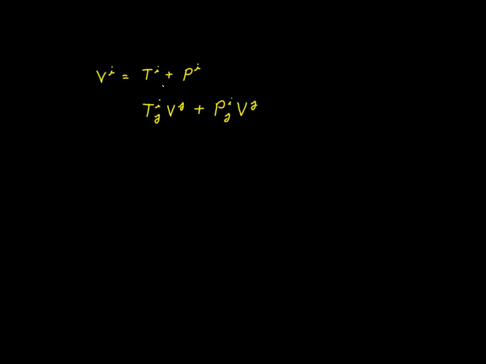So these two expressions are the equivalent of T_i and P_i. But on the left-hand side, what I want to do is to express V_i as the contraction of V_j with delta_ij. Now, remember how this works.